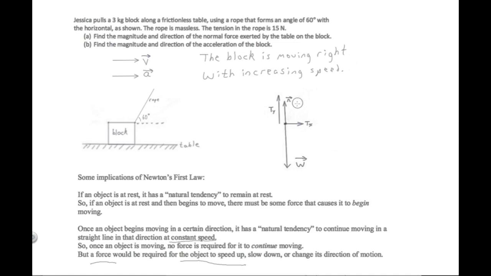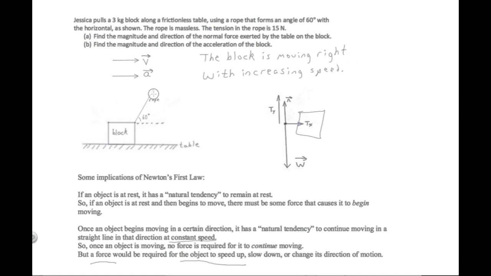Well, notice here that I've reproduced the version of the free body diagram where the tension is broken into components. And I think we can see from this that the reason that the object is speeding up is because of T sub x. The x component of the tension is pulling to the right, and that's what's speeding the object up as it moves to the right.